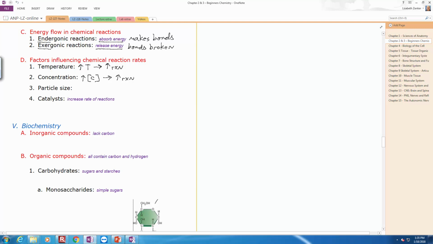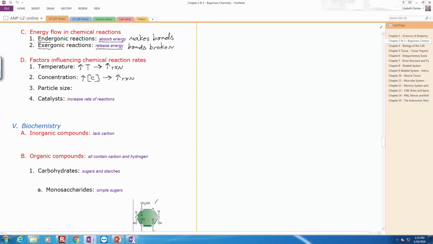What do you guys think about particle size? What would that do to reaction rate? If you're a ginormous particle or you're a teeny tiny particle? It's going to go down. If you're a huge particle, think about being really slow. And if you're a teeny tiny particle, like an electron, you're going to zip around like a little yellow jacket.